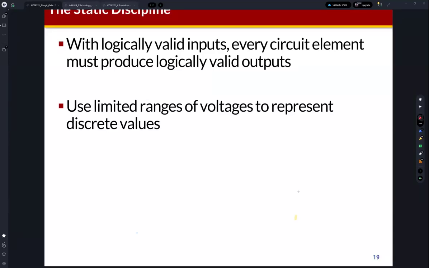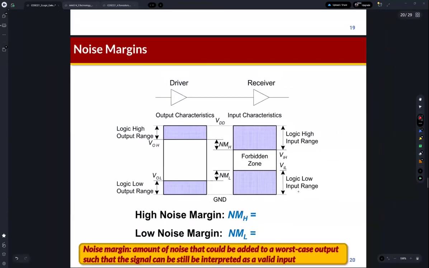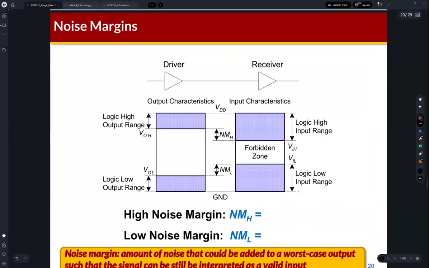Because of this issue, we need to define an allowable output range of a device, and the allowed input range of a device. When we design an electric circuit, we need to consider which range of output can be generated from a circuit, and which input can be received from another circuit.